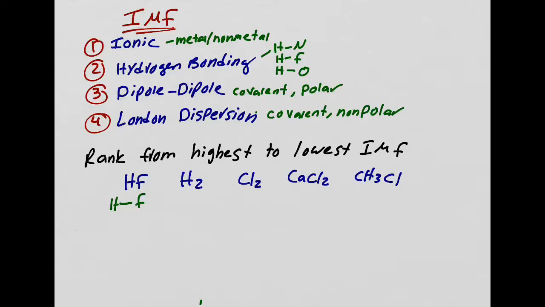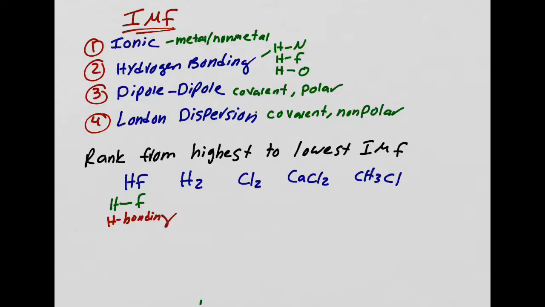So far, so good. Okay, so let's go back to HF. HF is not ionic. Again, do not consider hydrogen as a non-metal. Hydrogen bonding, absolutely, because HN, HF, and HO is hydrogen bonding. So yes on H bonding. I'm going to put H bonding.